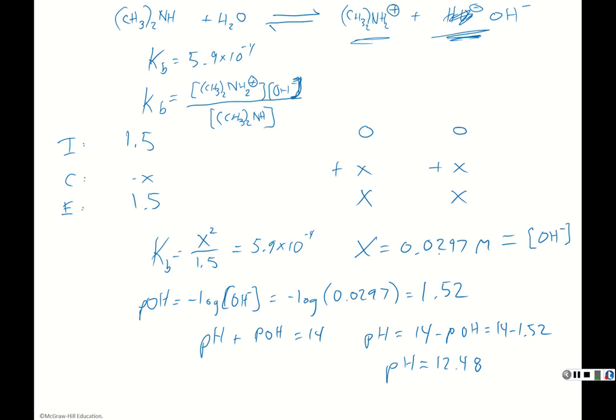And so that's what we're using to plug in to find our pOH. Okay, you can do this the other way. You could use OH minus concentration and use Kw to get H plus concentration, and then from that, calculate a pH, but I kind of prefer to do it this way.